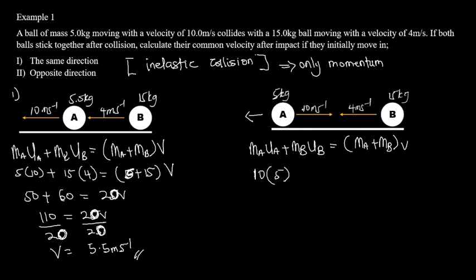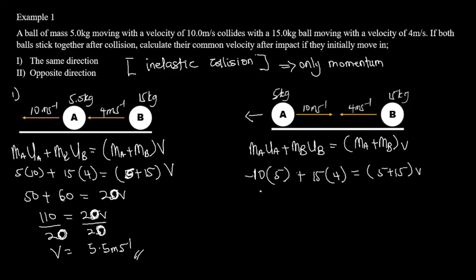So it means our velocity over here should be negative, because it is moving in the opposite direction as compared to our body B. So plus our B has the mass of 15 multiplied by the velocity, which is 4. That is equal to (5 plus 15)V.